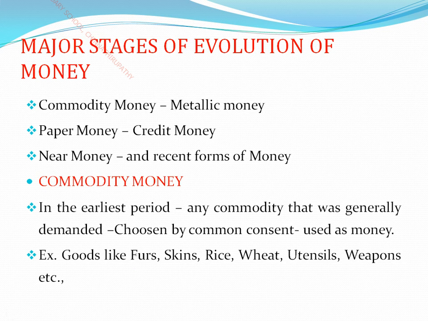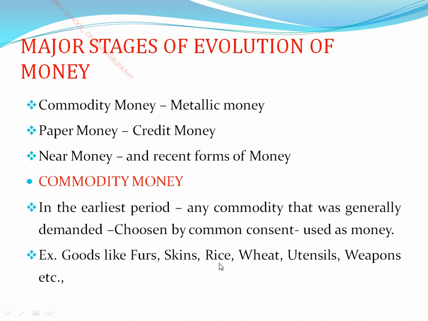For example, you can say a long, lean, muscular cat with sleek fur and skins. Rice, wheat, utensils. Utensils, you know, are the vessels that we are all using in our home, isn't it? Especially in a kitchen. And the weapons, the sharp weapons which were used during the hunting period.